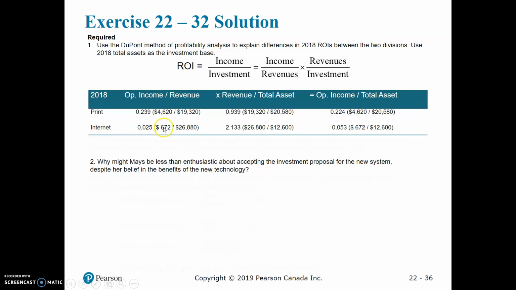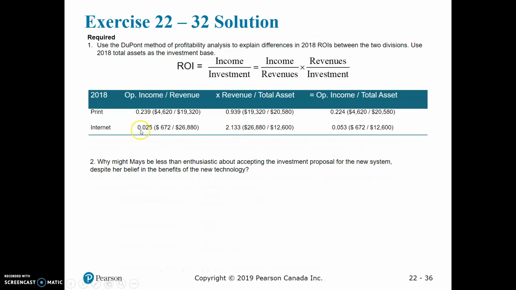Continuing with the internet division, let's take the operating income for the internet division for 2018, which is $672, divided by the revenues of $26,880. We arrive at 0.025, so that is 2.5% return on sales for the internet division. Now the second part of the DuPont equation is the revenues of $26,880 divided by the total assets or investment of $12,600, and we arrive at 2.133.